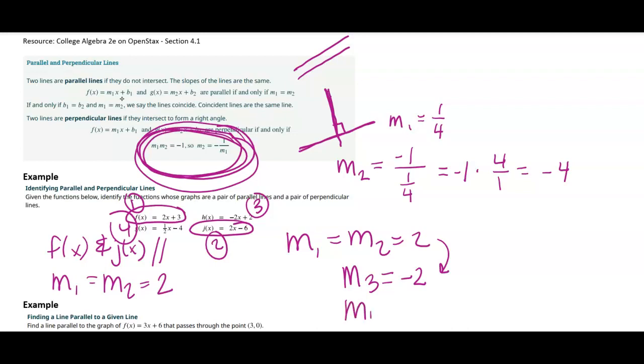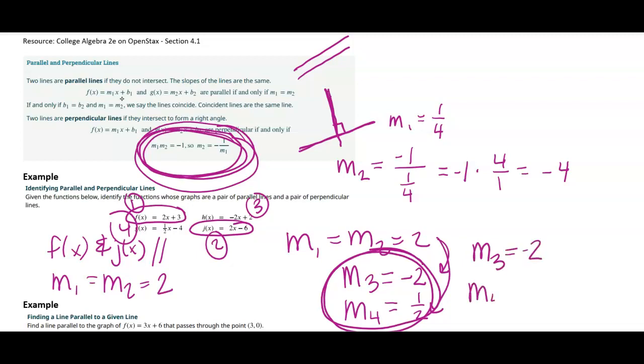Also, if I have M4 as positive 1/2, I already said this can't work, right? However, if I look just at slope 3 and slope 4, I do notice that if I have M3 equals -2, and I take the negative reciprocal of that answer, I end up getting 1/2.